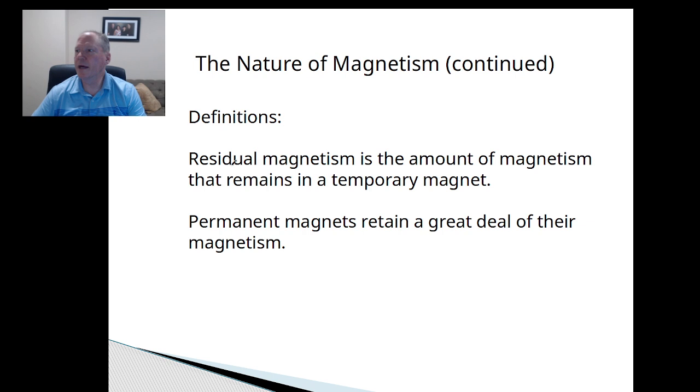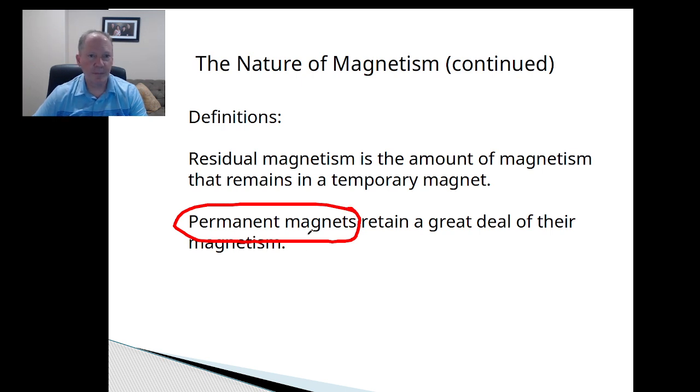All right. Now, residual magnetism is the amount of magnetism that remains in a temporary magnet, and it will wear off over time. So in an hour from now or less, that screwdriver will no longer be magnetized. It's just temporary. And then there are permanent magnets that are designed to hold that magnetism forever.